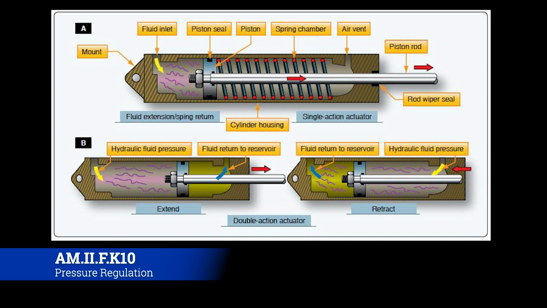Now I'll tell you, the vast majority that I've ever seen have always been double action actuators. There's only very few cases where you'll come across a single action actuator. So think about the Bell 407, there's 3 hydraulic actuators up on the roof of the helicopter, and that basically controls all your flight controls. There's 2 for the cyclic, and then 1 for the collective, or maybe it was 1 for the tail rotor.